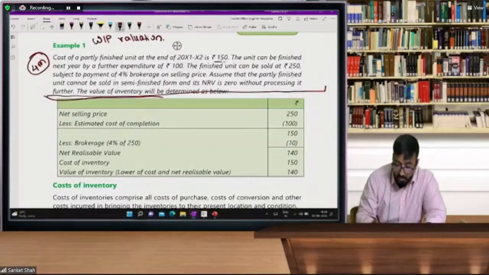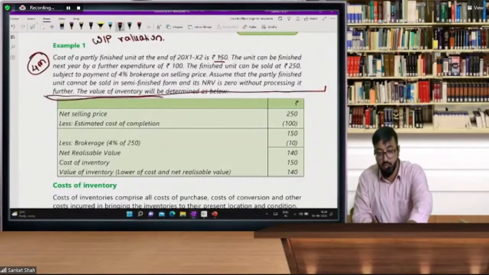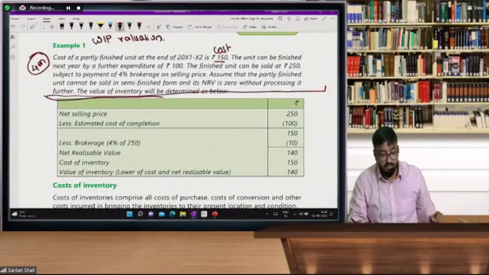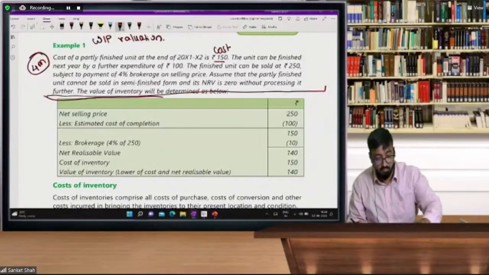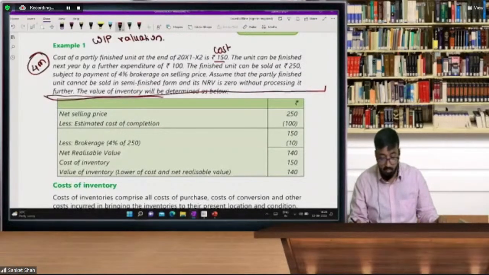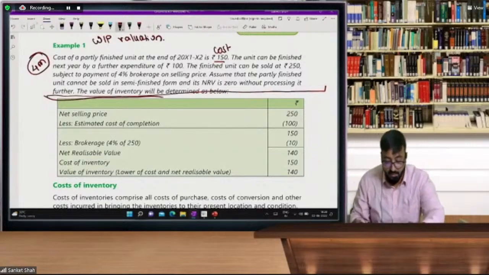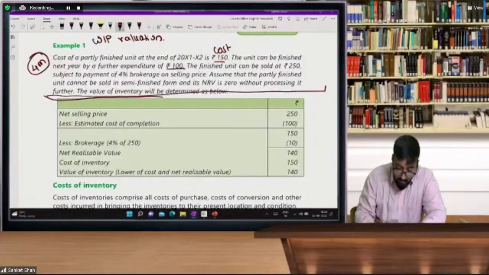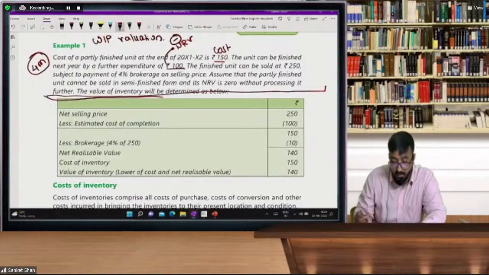So beta, this is a cost. Then the unit can be finished next year by further expenditure of rupees 100. So this is deducted from NRV.